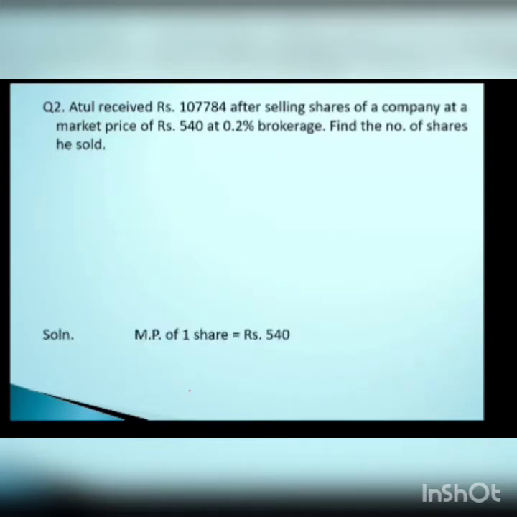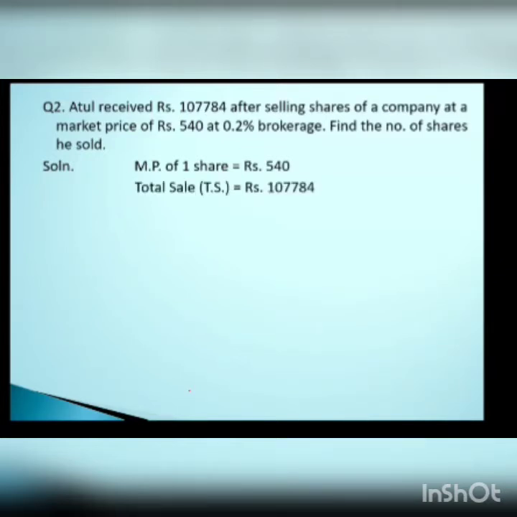So the first line will be the market price, and that is given to be rupees 540. All right. Market price is rupees 540. The total sale that is going to be received in this will be 1,07,784. That much amount is going to be received after he sells the shares.